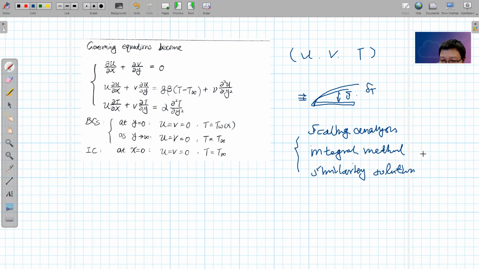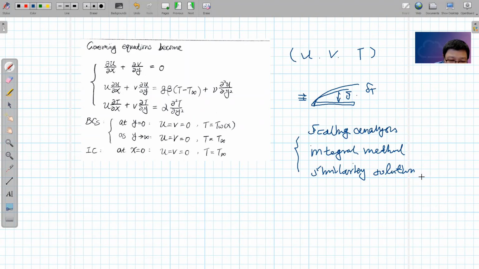And also we can do the integral method, developing the integral form of the momentum and energy equations, so that the viscous force on the wall and the heat flux at the wall can be calculated. Or we can do the similarity solution.